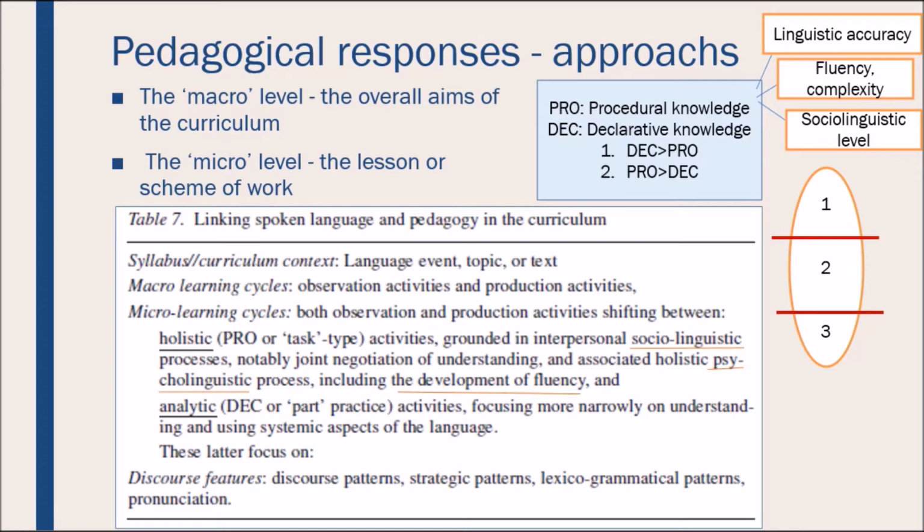Whereas if you want to discuss procedural knowledge, declarative knowledge, and other things in your course or in your lessons, then what you're going to do is to include one or two lessons on, for example, procedural knowledge, then some lessons on declarative knowledge, and other lessons on other topics of your choice. This is what we call a micro-level sort of approach to teaching.